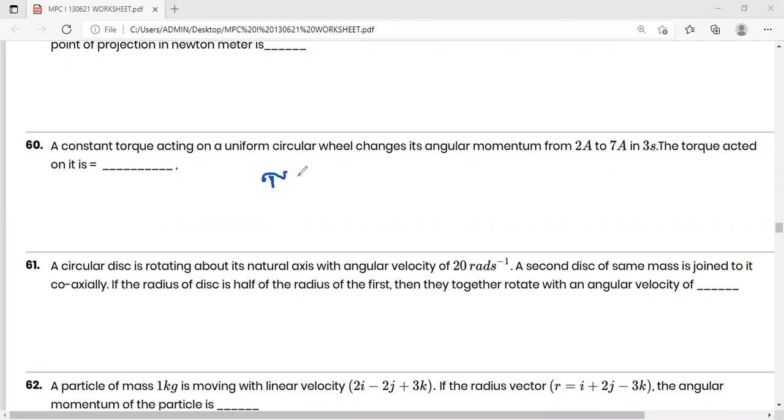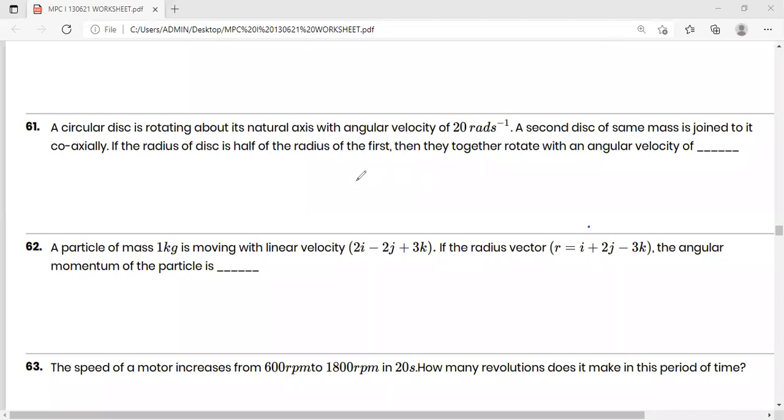So tau can be written as change in angular momentum by change in time. Change in angular momentum from 2a to 7a, the difference, will be 5a, by time 3 seconds. So the answer will be 5a by 3. That much simple.